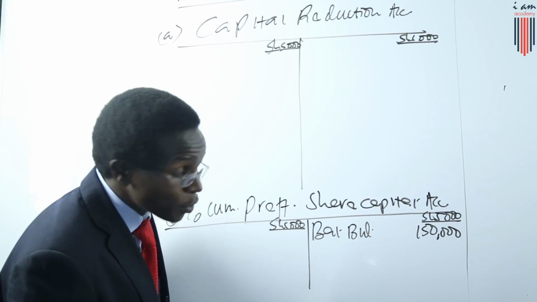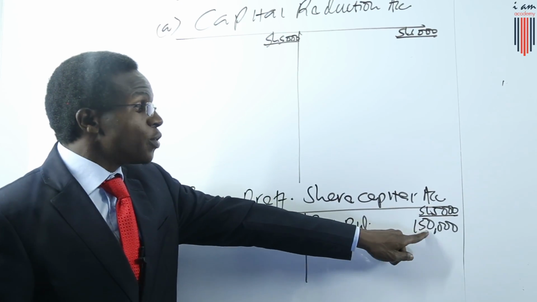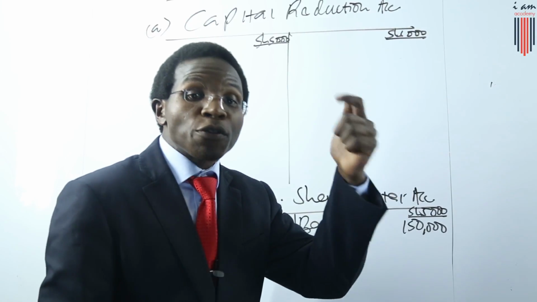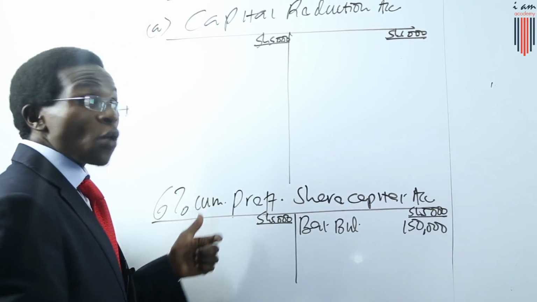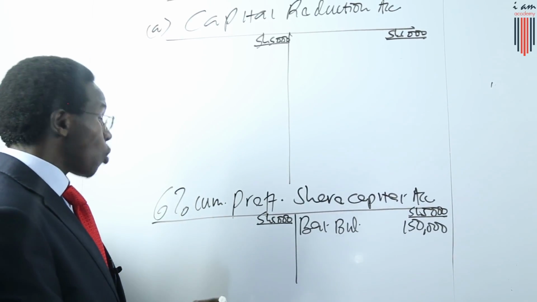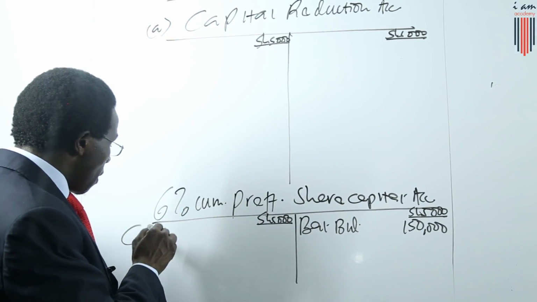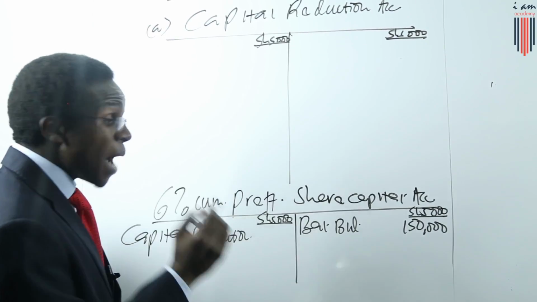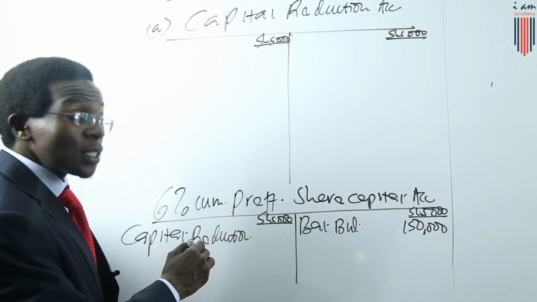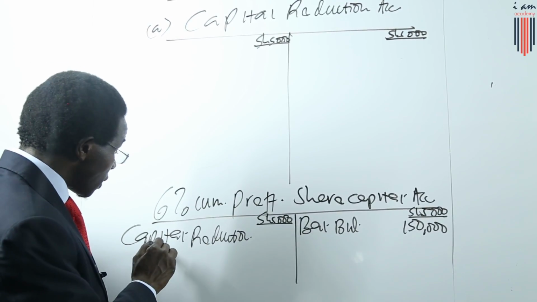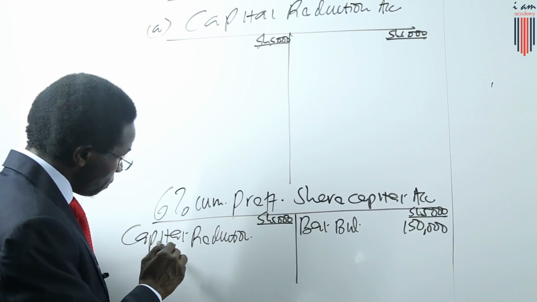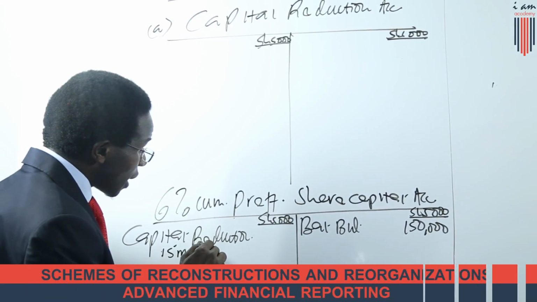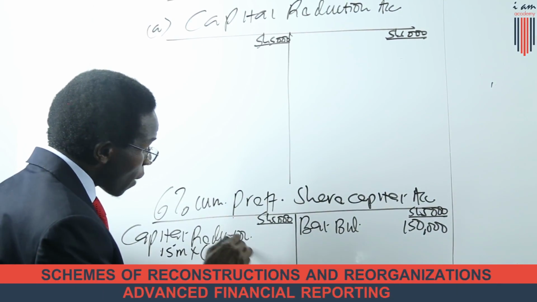We are going to reduce these 150 million according to note number 1 by 2.5. So I'll debit my preference share capital account and credit the capital reduction account. By how much? The number of shares was 15 million, you multiply by 10 shillings minus 7.5.